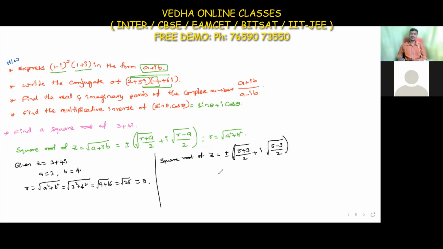This equals plus or minus root of 8 by 2, which is 4, plus i into root of 2 by 2, which is 1. Root 4 is 2, root 1 is 1, so 2 plus i. The required solution is plus or minus (2 plus i). Understood?